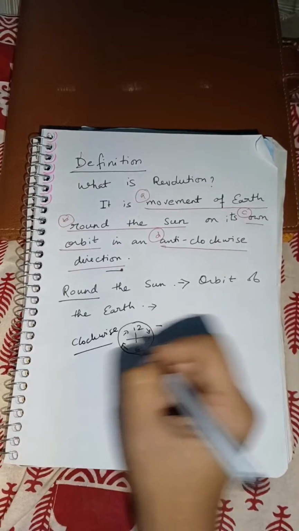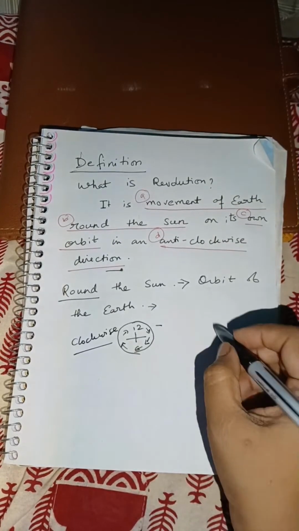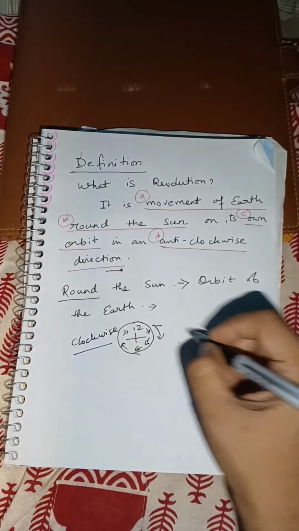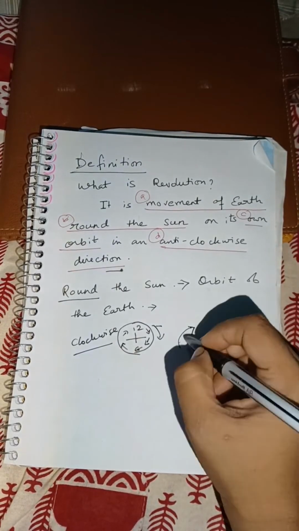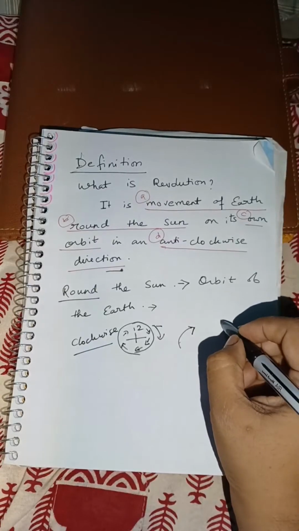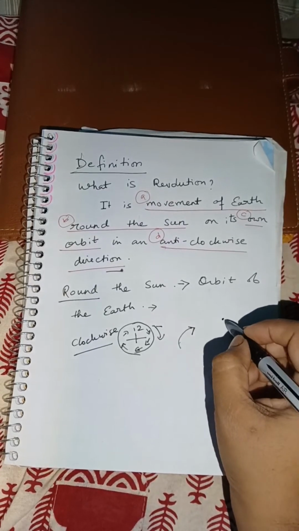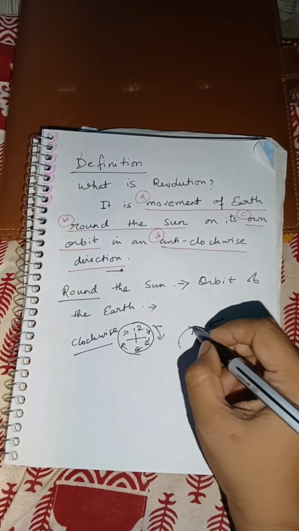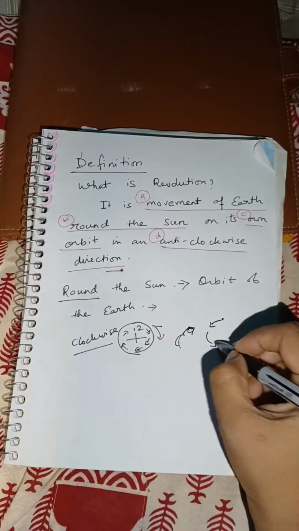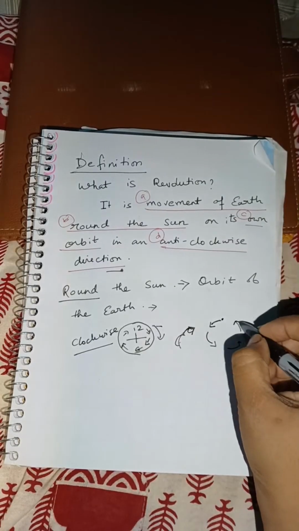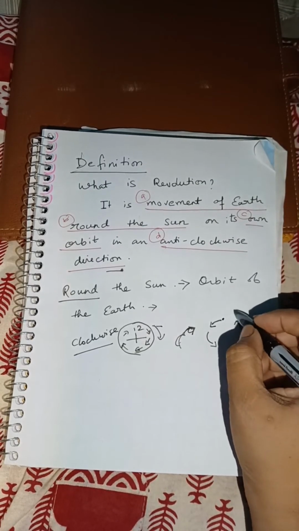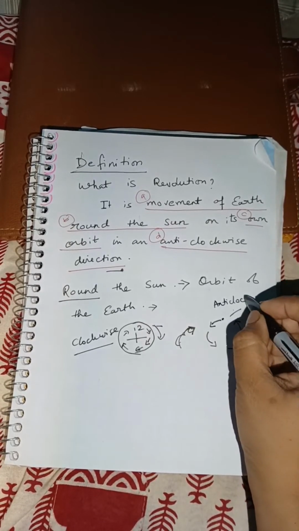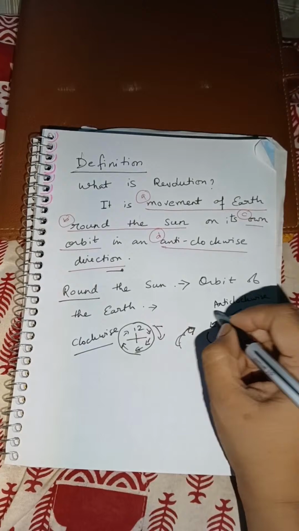So anti-clockwise means the movement is not in this direction, the movement is just the opposite, like this. If this is the center, then it will go like this. So this is called anti-clockwise direction, that is movement against the clockwise direction.